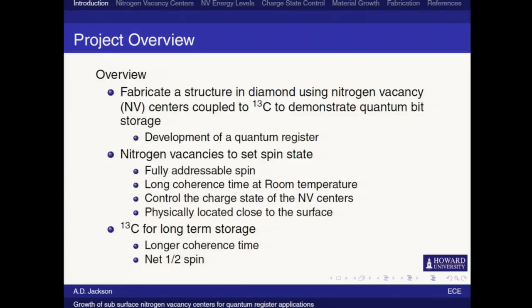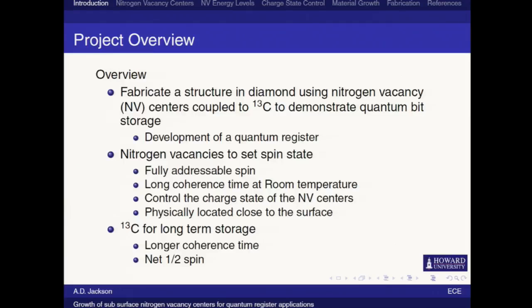We're using nitrogen vacancies to set the spin. There are several reasons for that, but the main reason is that the spin state of the negatively charged nitrogen vacancy is fully addressable, so you can set it with microwaves and read it out optically. That's very important. Also, nitrogen vacancies have a long coherence time at room temperature.